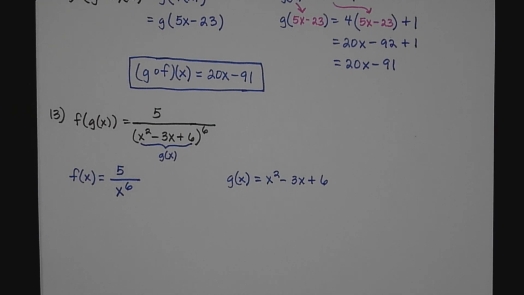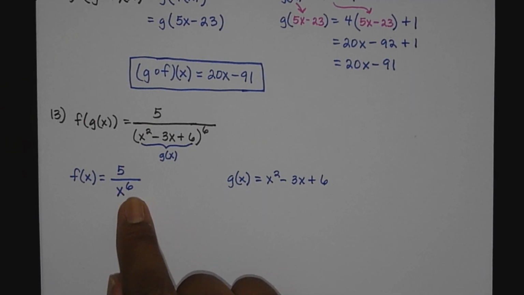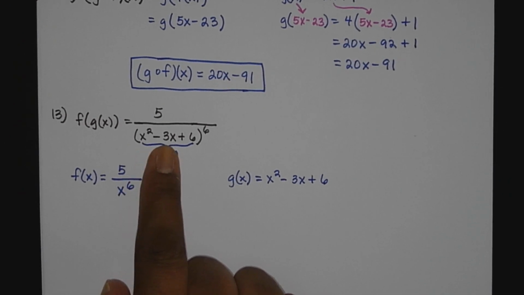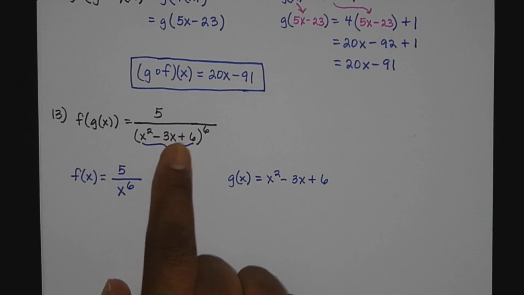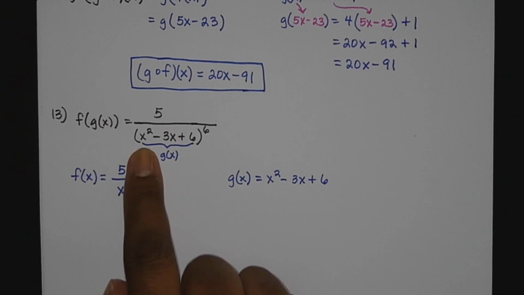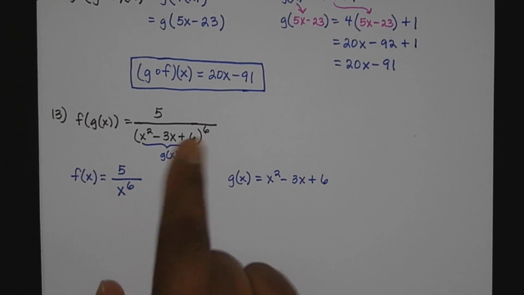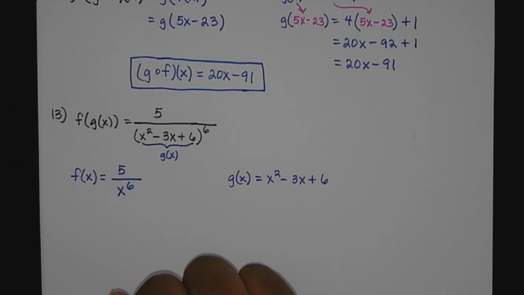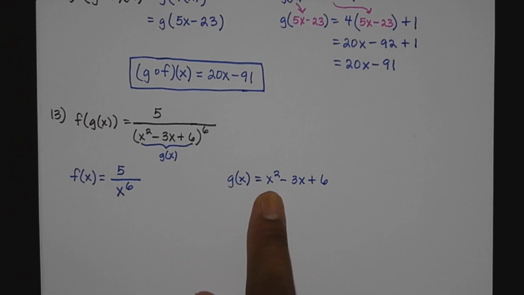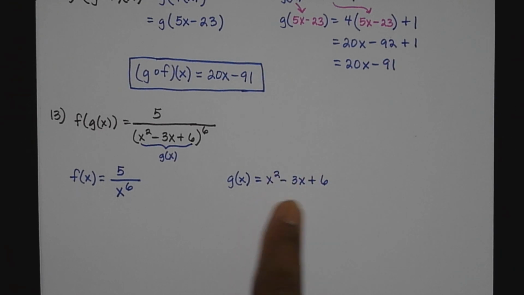What's underneath that radical will be what g of x is, and then f of x will be, of course, the radical with x underneath. Because that x squared minus 3x plus 6 had to be put in place of x in the f of x function, it had to start off as 5 divided by x raised to that 6th power. Okay. And you can check by replacing this x with that x squared minus 3x plus 6, and you should get this back.